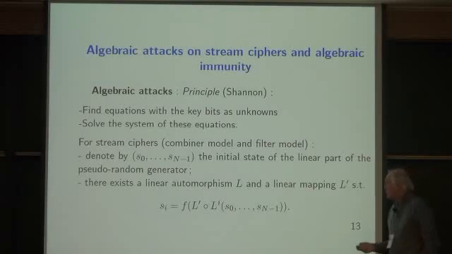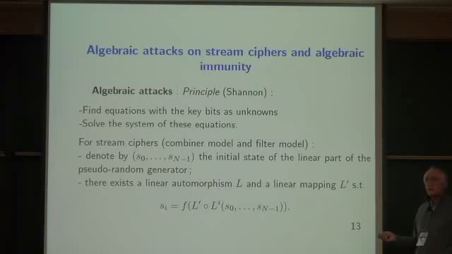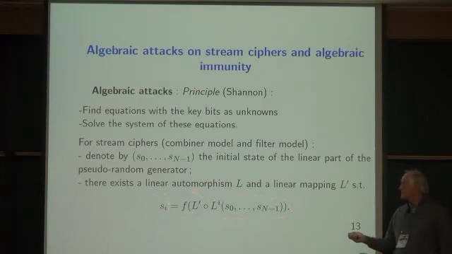Of course we don't have the whole key stream, but we have a few of these bits. And so the equations we are interested in are those where Si is known for some i's and where we are looking for the initialization of the system.